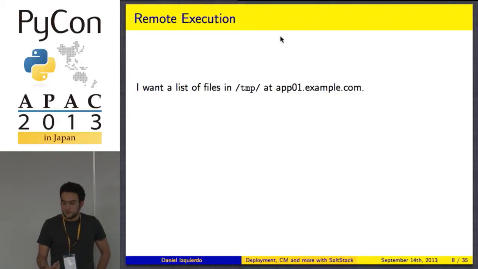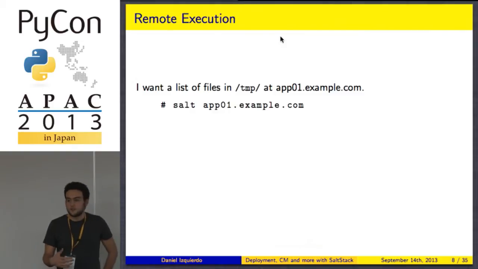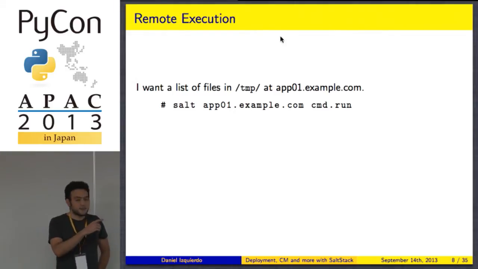So, for example, Salt provides me the capability to do this easily from a central server. I could run the salt command and specify that I want to run a function on this machine, and then specify cmd.run. So cmd is a module of Salt in this case, and run is a function of this module.